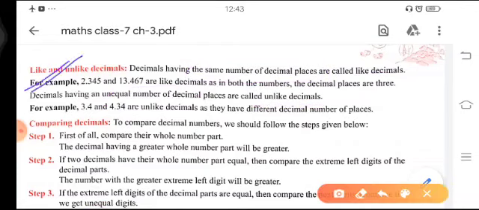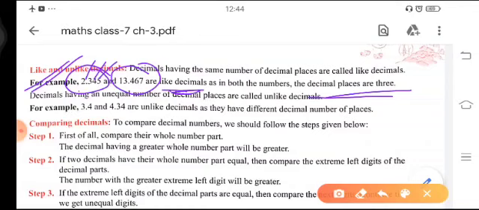In this example, we have given 2.345 and 13.467. They are known as like decimals. Why? Because the decimal places are 3 in both numbers. After the decimal point there are 3 places: tenths, hundredths and thousandths.